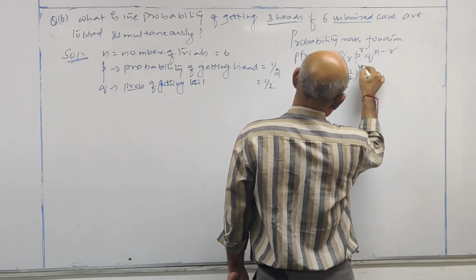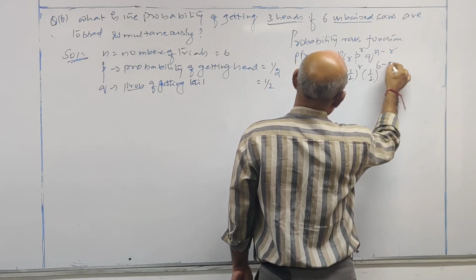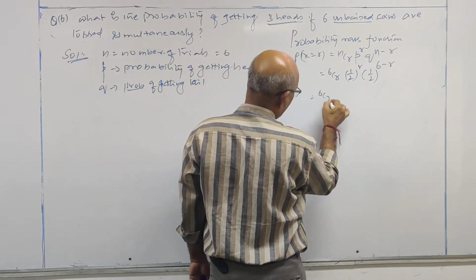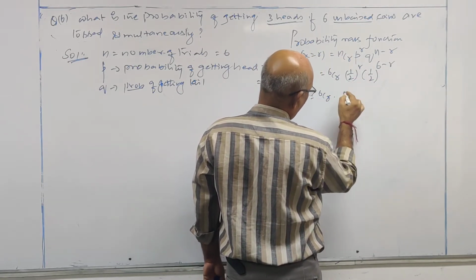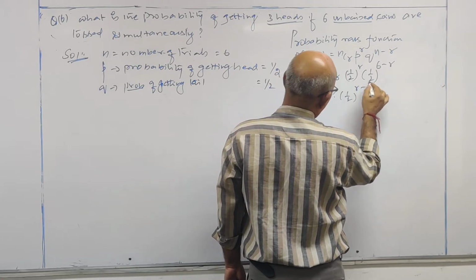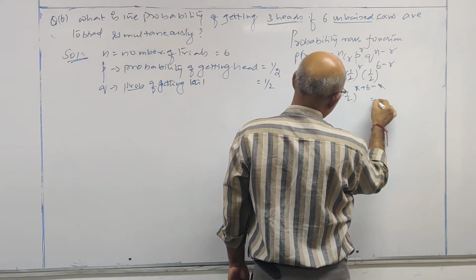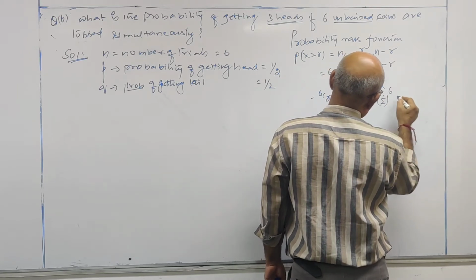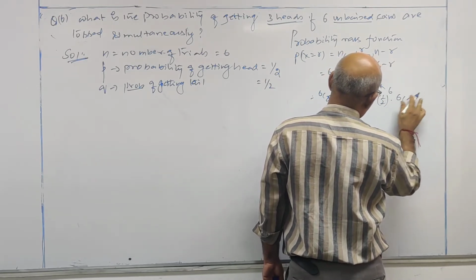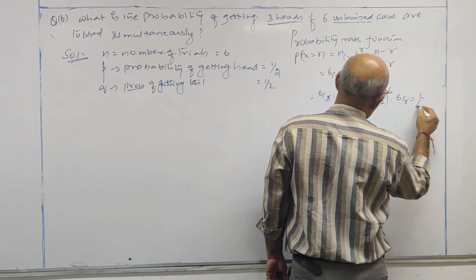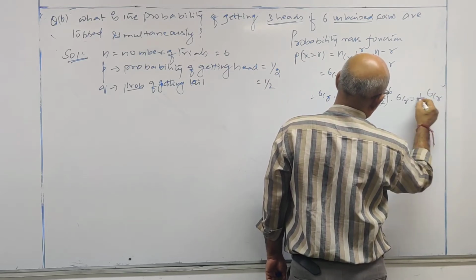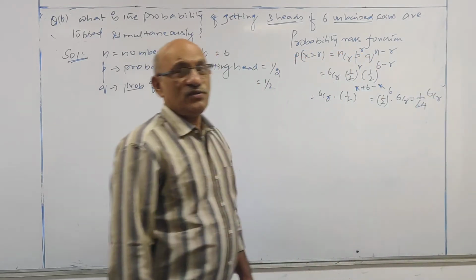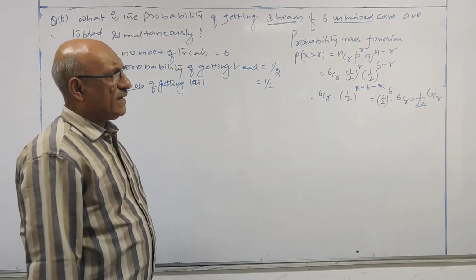P means 1 by 2 to the power r, 1 by 2 to the power 6 minus r. Here bases are equal, multiplication sign, powers can be added. 1 by 2 power 6 into 6Cr. 1 by 64 into 6Cr.